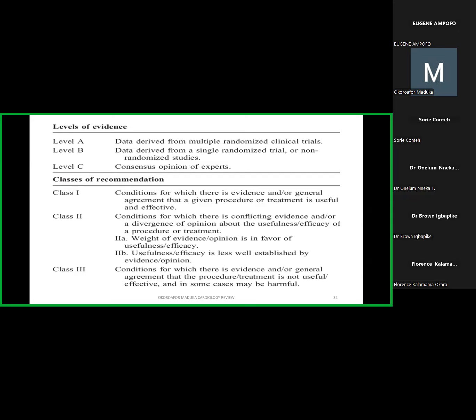Class 2 is divided into 2A and 2B, where in 2A the weight of evidence is in favor of the treatment being more beneficial, while in 2B the usefulness or efficacy is less well established by the opinions given. Class 3 is conditions for which there is evidence or a general agreement that the procedure or treatment is not useful or effective, and in some cases may be harmful.